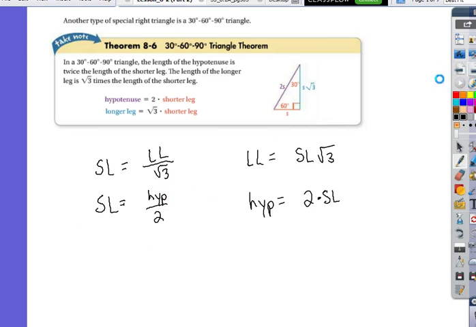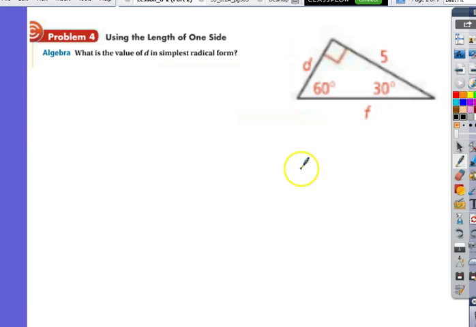Let's move forward. So in dealing with a 30, 60, 90 triangle, I can find the missing values. So first of all, I always want to find the shorter leg if I don't have it. In this case, do I have the shorter leg? No. Which one is the shorter leg?